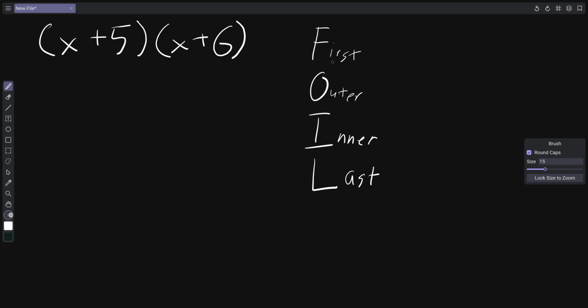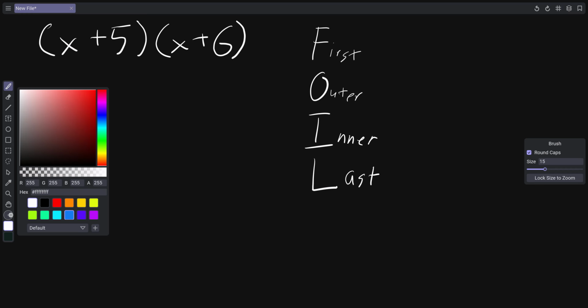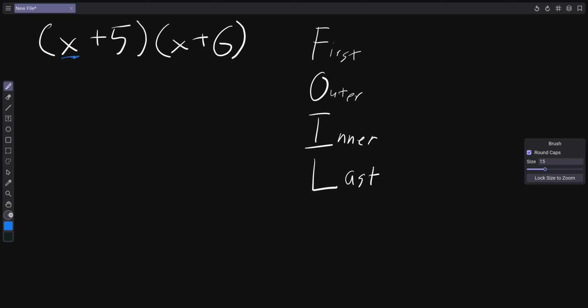What first here means is we will multiply the first terms in our binomials. In this case, that would be the x here and the x here. So first would be x times x, which would just simplify to x squared.